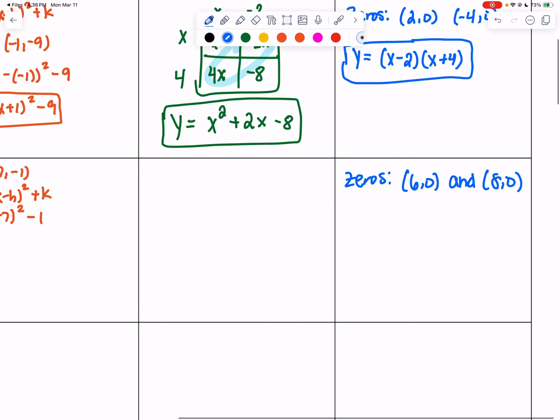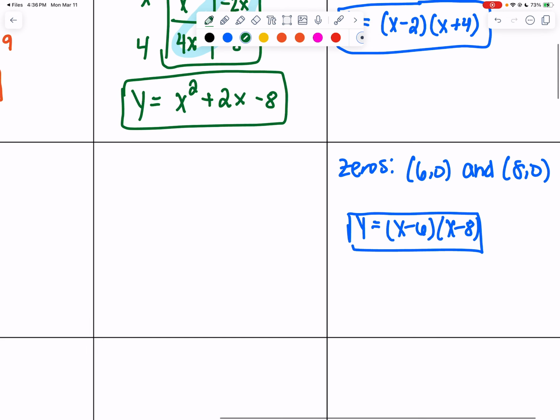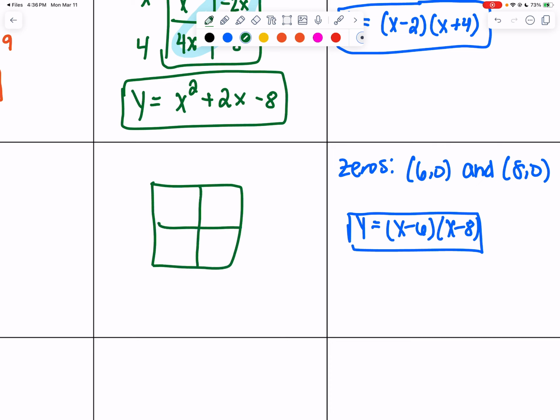Now remember, you have to think, what's the opposite of 6 and what's the opposite of 8? So x minus 6 and x minus 8. This right here is going to give us my factored form. Last, my standard form, that is me going from factored to standard.